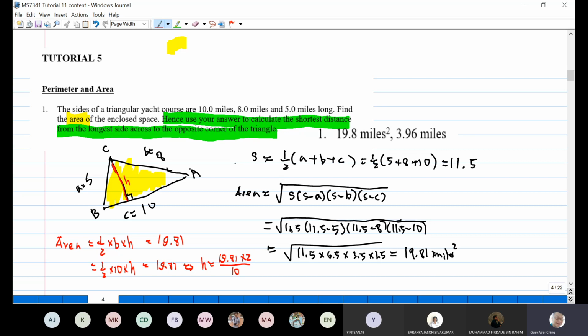Okay, 3.96. So from here I get 3.96 miles. Okay, this is how you find the height, which is the shorter distance from the longer side to the opposite corner of the triangle.